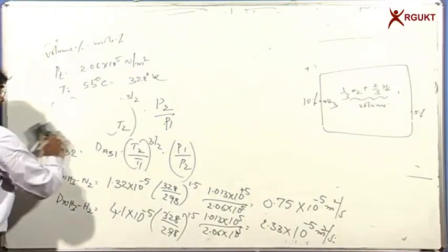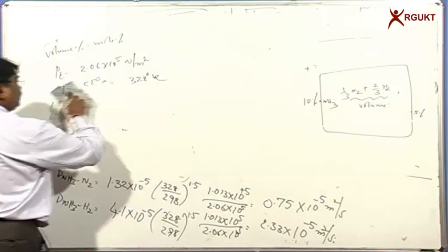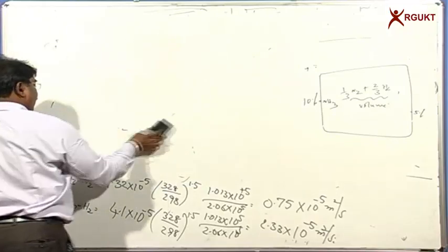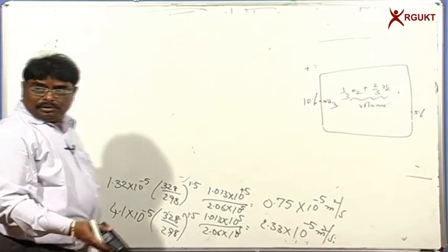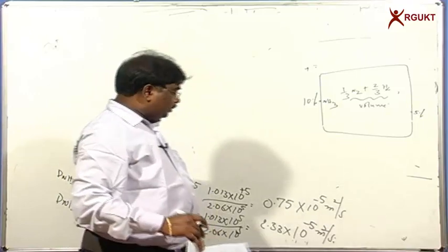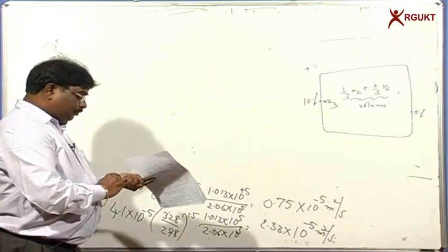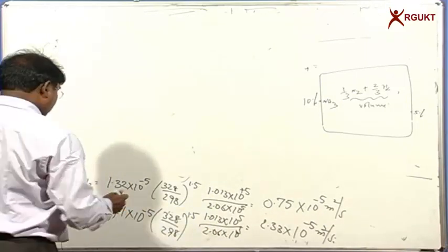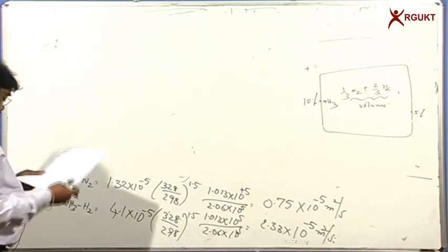So what we did, the diffusion coefficient values are given at location 1, the diffusion coefficient values at location 2 we have to calculate, and that is what we have done here.